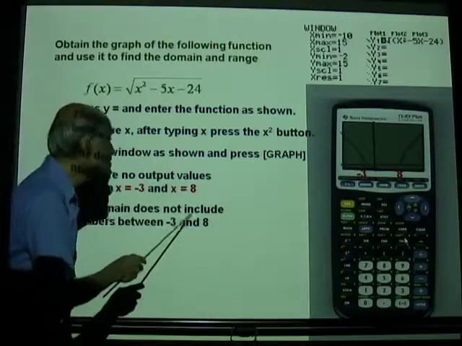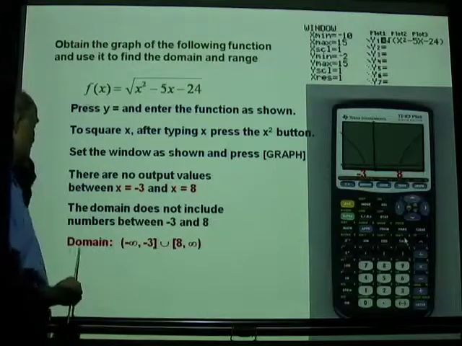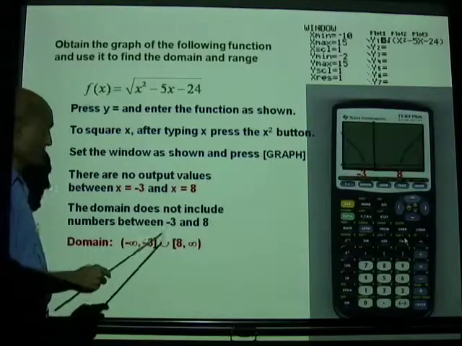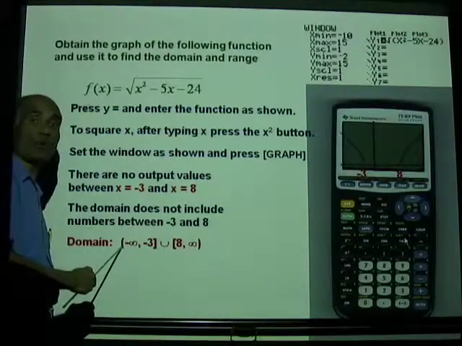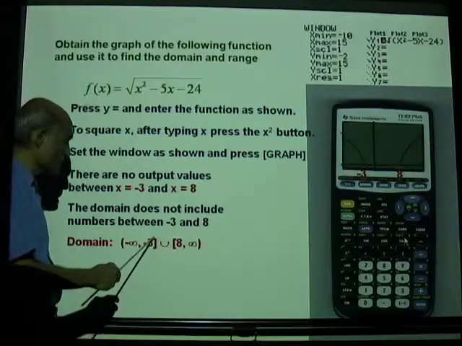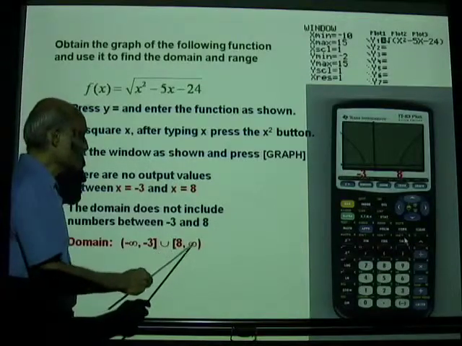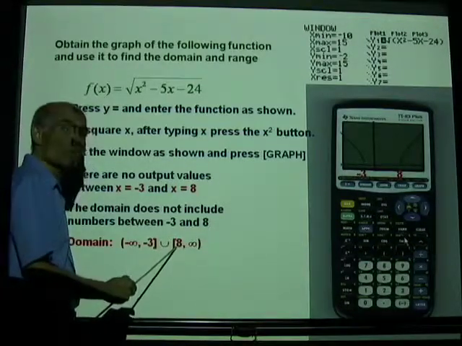But do they include negative 3 and 8? Yes, they do. So, look at the way we write the domain. The domain contains all real numbers from negative infinity to negative 3 included, union, 8 to infinity, 8 included.